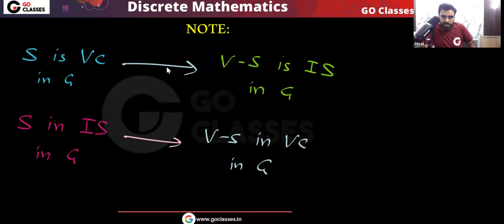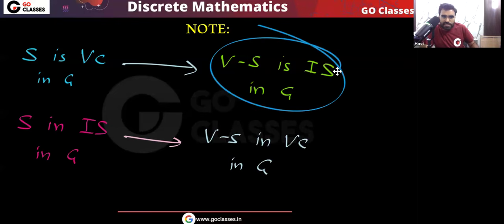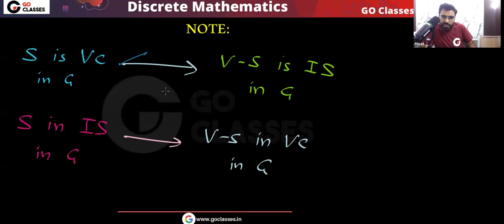So it's like two ways. If V minus S is an independent set, then S is a vertex cover. If V minus S is a vertex cover, then S is an independent set. What does it mean?